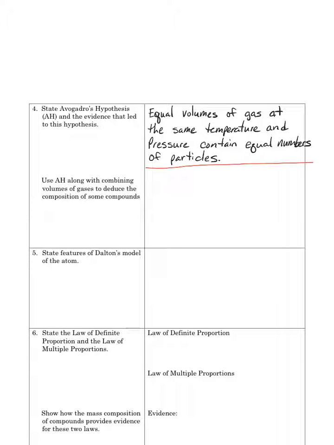So if I have gases that are combining and I have two volumes of oxygen combine with one volume of carbon, what would be the composition of the product and what would be the formula?